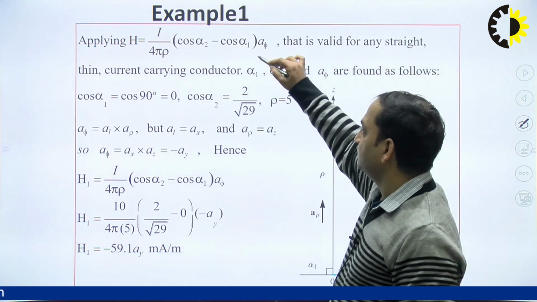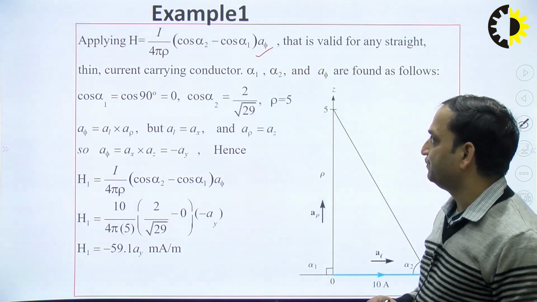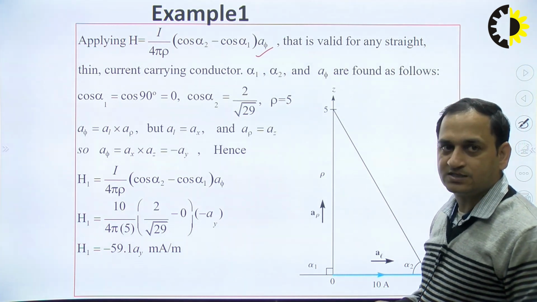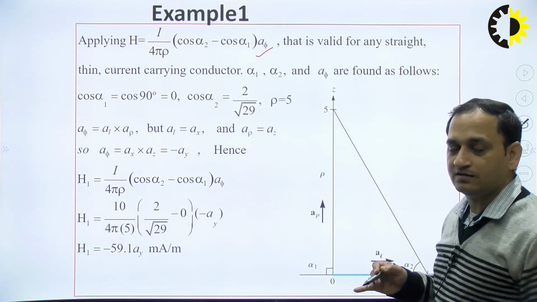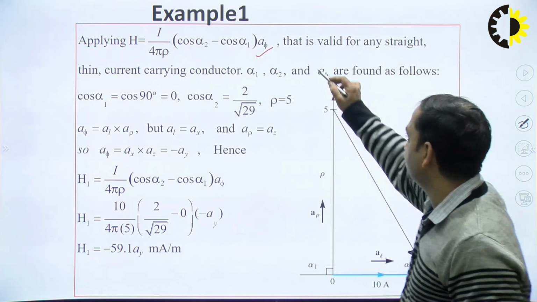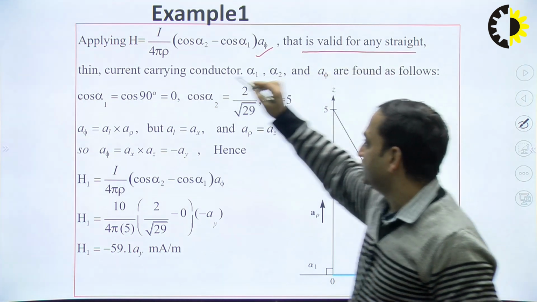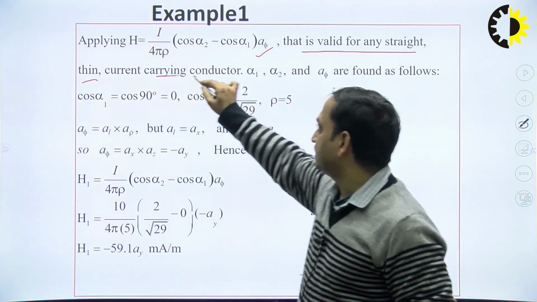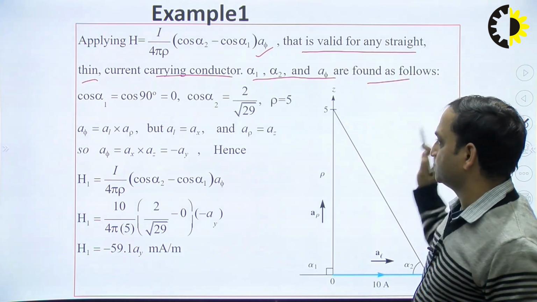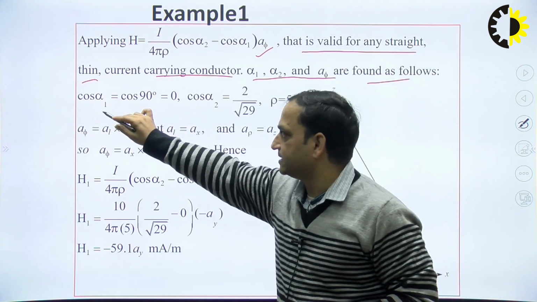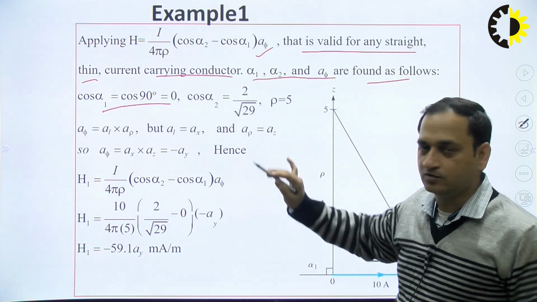This is my formula which I said: I upon 4 pi rho, cos alpha 2 minus cos alpha 1, a phi. That is valid for any straight thin current-carrying conductor, and this is a very important point to take care of. Alpha 1, alpha 2 and a phi are found as follows. Alpha 1, as I said, is 90 degrees.